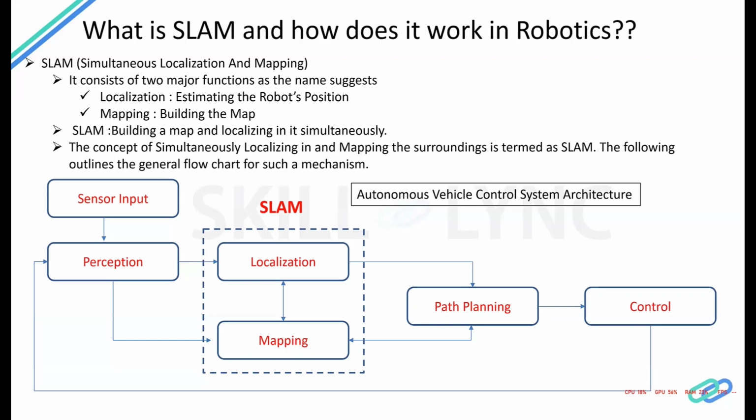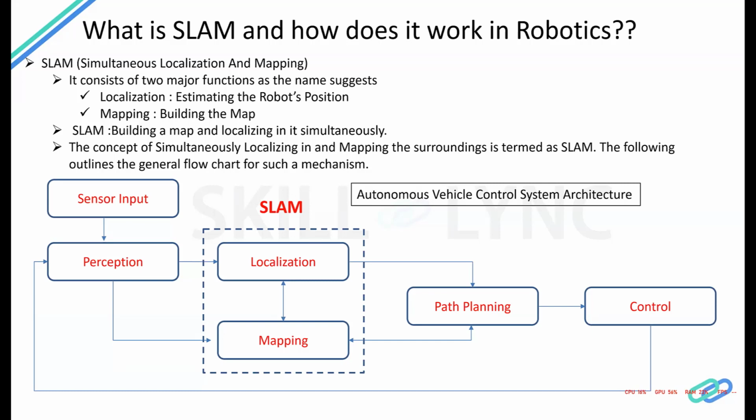A few examples that I've given earlier will give you a brief idea of the types of sensors that we use on a regular basis. But let's not go into the details of the sensor types and just stick to the system architecture. So you have a sensor input. It can be a GPS sensor, it can be a vision sensor, it can be anything. It depends upon the function that you're trying to write and what kind of environment you're in.